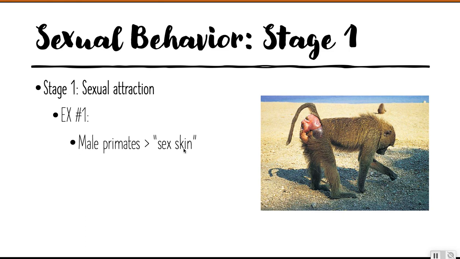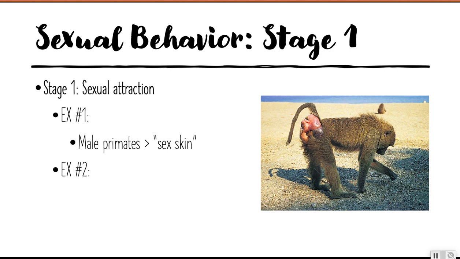This area on the females, you can see right here, is going to swell and turn really bright when a female's ovaries are secreting estrogen. So that is an outward signal to males that this female is ready to reproduce, is ready to mate, and it is something that is attractive to male baboons.